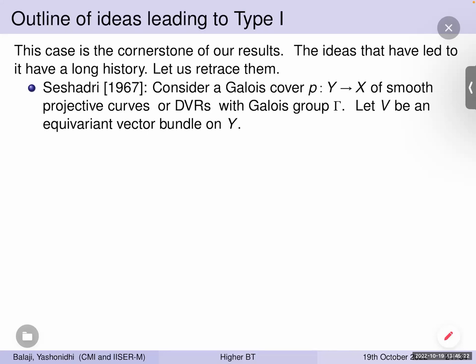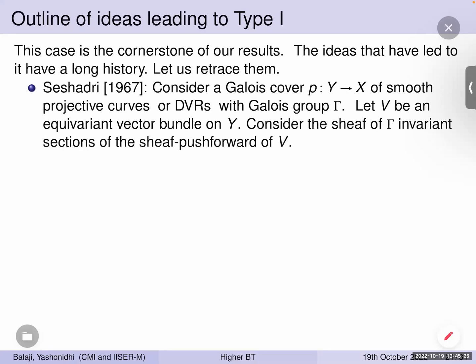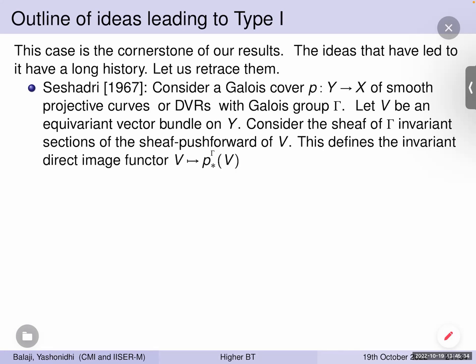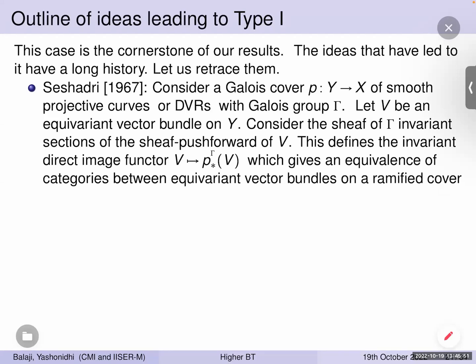Let V be an equivariant vector bundle on Y. Consider the subsheaf of Gamma-invariant sections of the sheaf push forward of V. This defines the invariant direct image functor which sends V to p lower star Gamma of V, which gives an equivalence of categories between equivariant vector bundles on a ramified cover and parabolic vector bundles with rational weights.